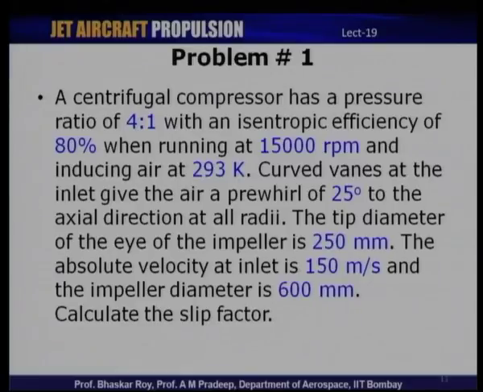So, here we have a centrifugal compressor with a certain pressure ratio, its efficiency is given, the RPM is given, and we have some information about the inflow direction of the incoming air. Some of the geometric parameters are given, that is the impeller diameter and the axial velocity, these are specified. We are required to calculate what is the slip factor.